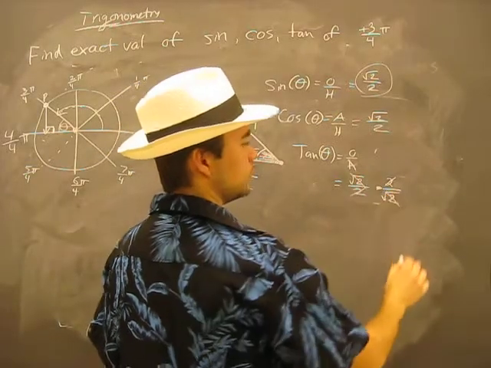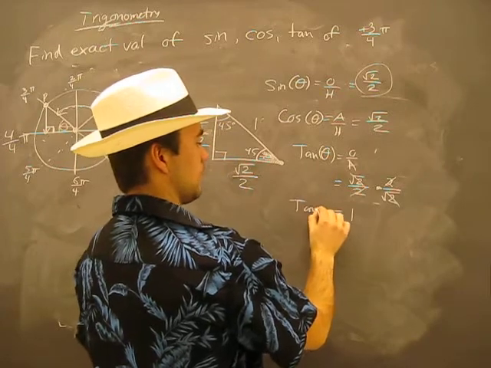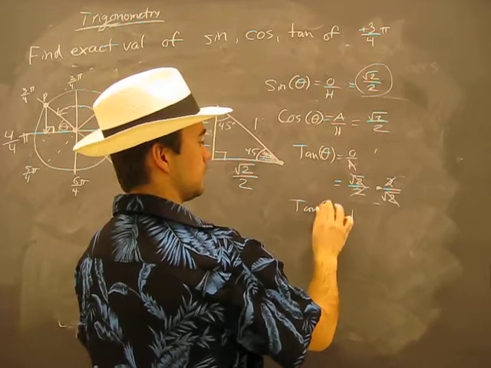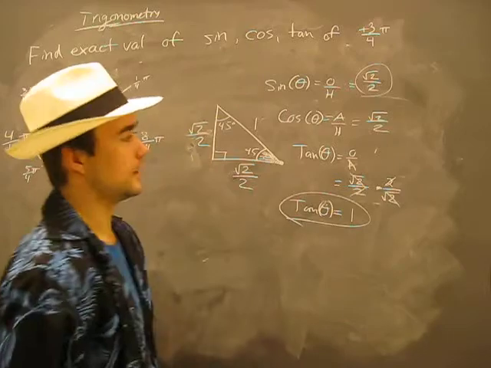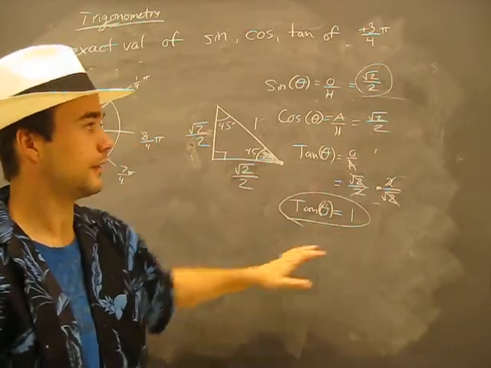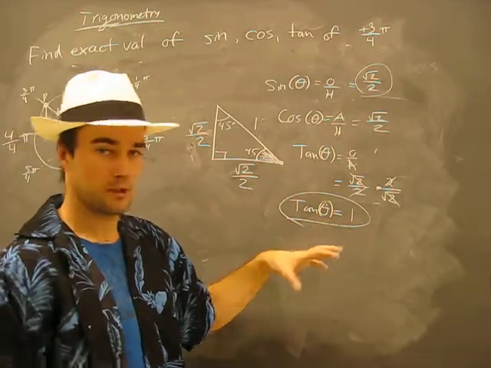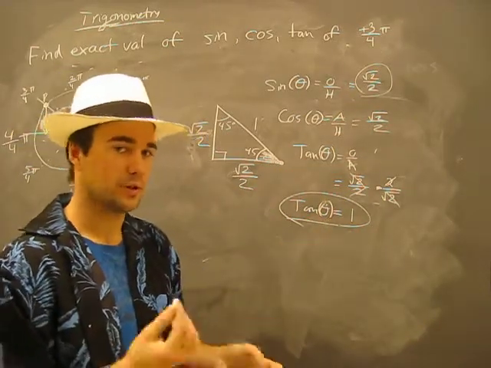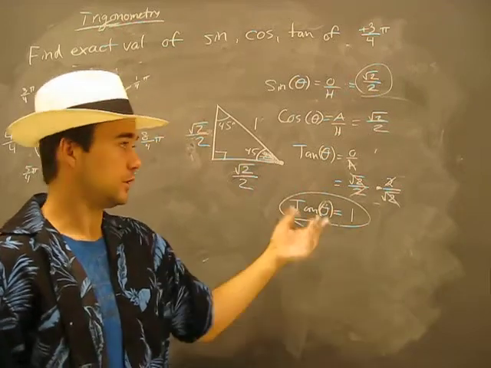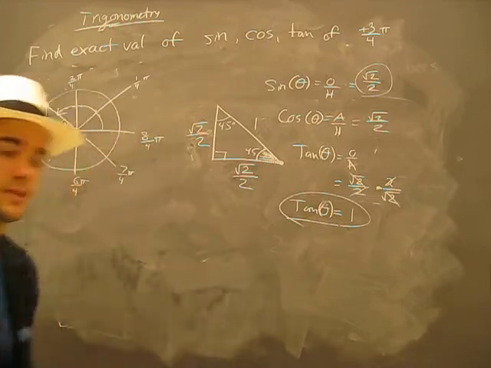Root 2 over root 2 cancels out to 1. So tan of this particular thing equals 1. Okay, so what are our ratios? Sine, cos, and tan. Now again, because these are radicals and we didn't round to decimals or use a calculator to mess with decimals, we know that these are precise measurements. And that's what we want. Okay, any questions? Send me an email.